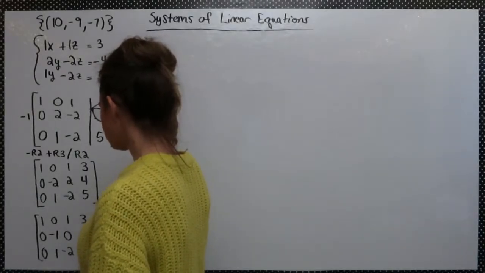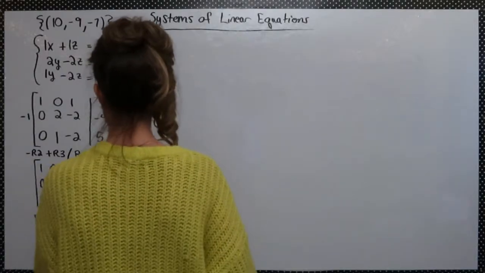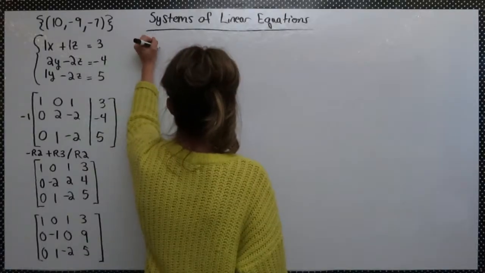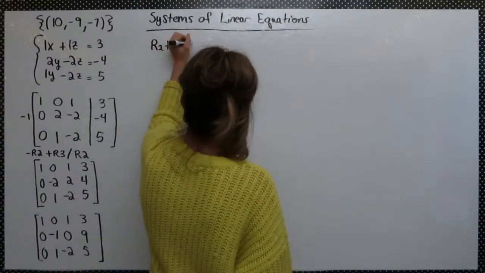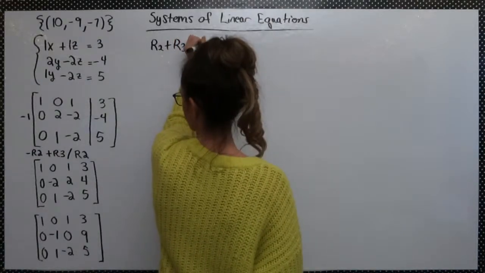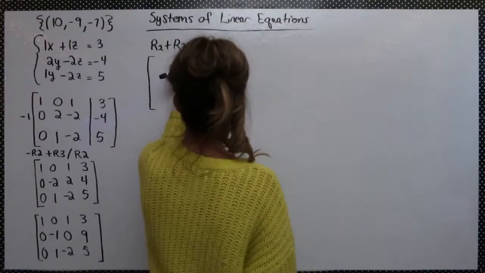We're not going to replace row 2. We're going to replace row 3 this time. So we'll write row 2 plus row 3, replace row 3 this time. I'm going to write the matrices here and see what happens.